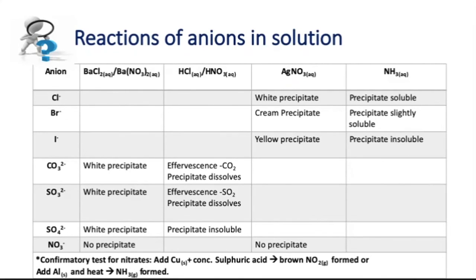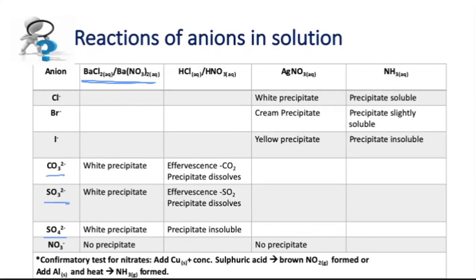Now, there's a test that is used to distinguish among the carbonate, the sulfite, and the sulfate ions. And this one uses aqueous barium ions, which would be administered either in the form of barium chloride or barium nitrate. We know all nitrates are soluble.